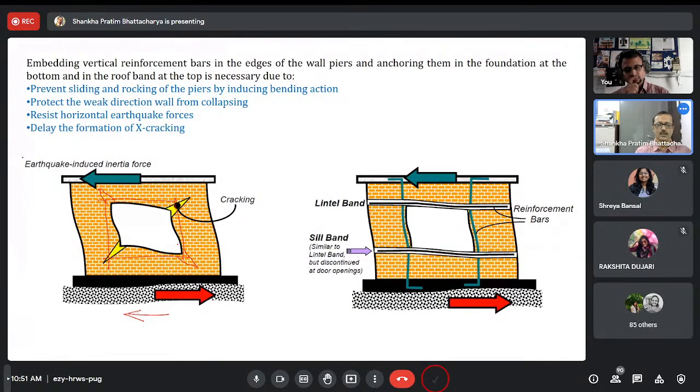You know, brick masonry is very good in compression, but brick masonry, like other brittle materials, is weak in tension. So if you provide some steel, what is going to happen? The steel is going to arrest the tensile stress.